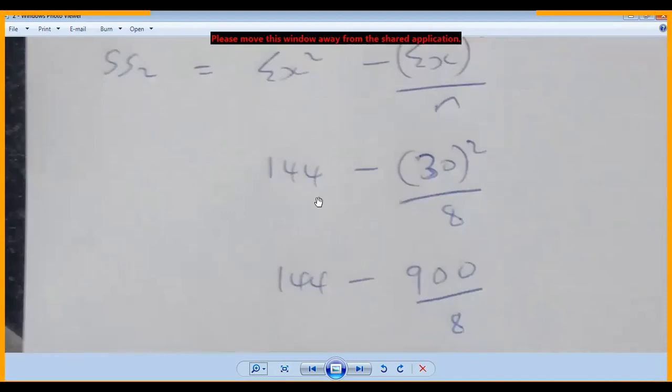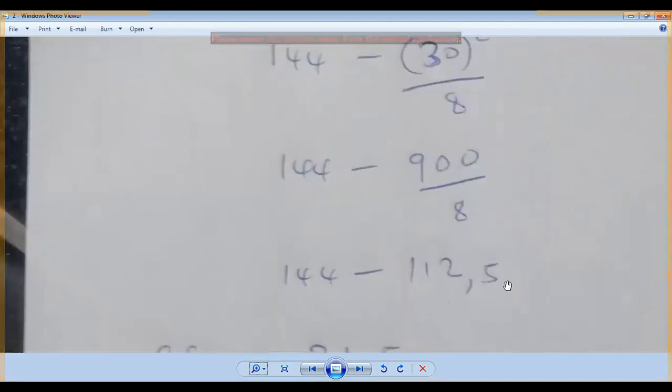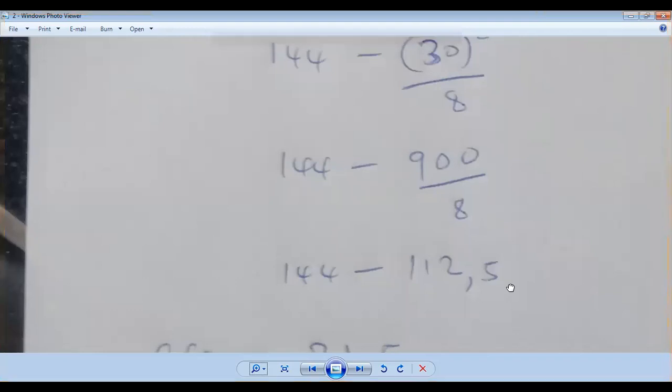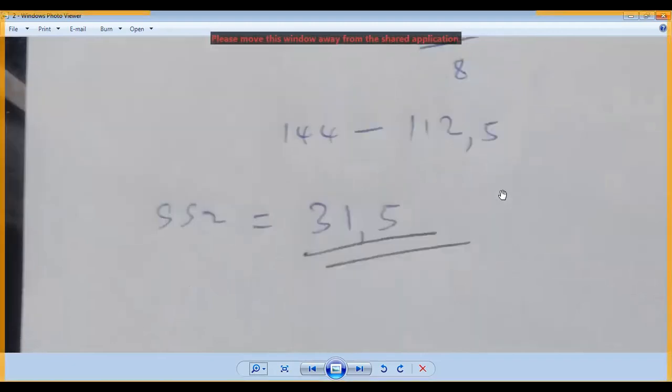We check that table, minus summation of x bracket squared, which is 30 squared over 8, which gives us 144 minus 900 over 8, which gives us 144 minus 112.5. So summation of scores for group number 2, SS2, is 31.5.